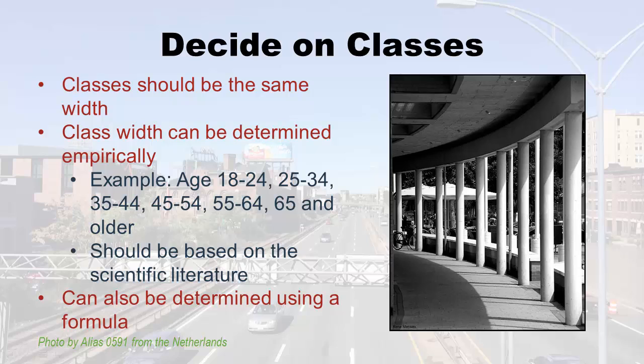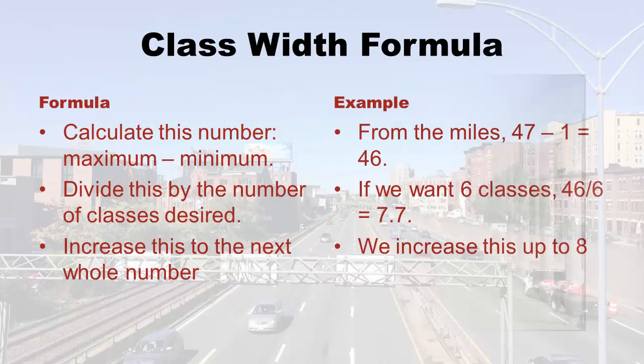However, in the book, they teach this class width formula, so I thought I should really show you that too. So here's the class width formula that I don't really see used much in healthcare statistics, but I'm going to teach you anyway. First, you calculate this number. You find the maximum in your data and the minimum in your data, and you subtract the minimum from the maximum.